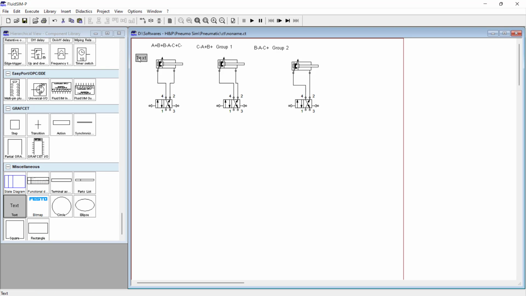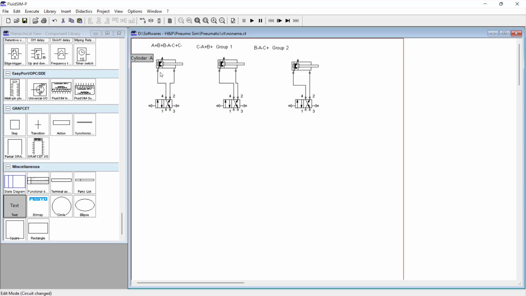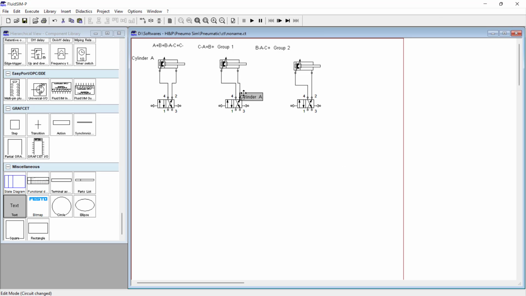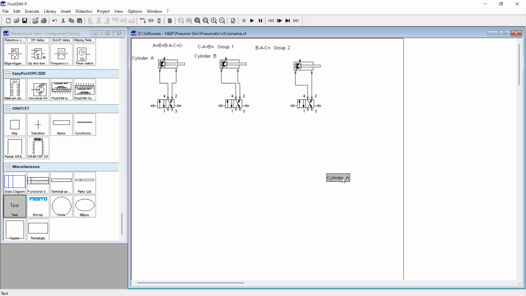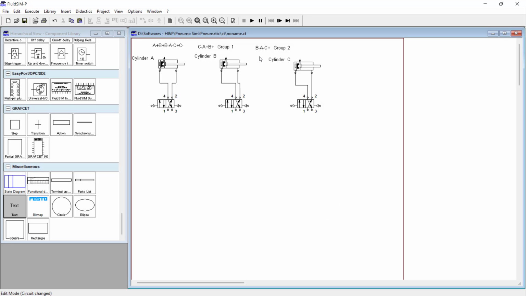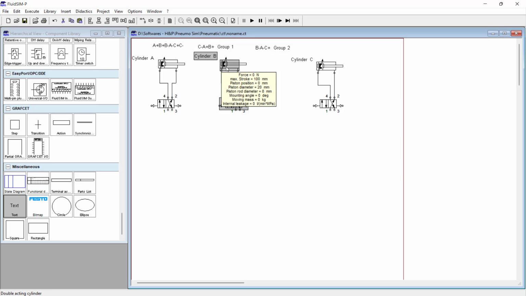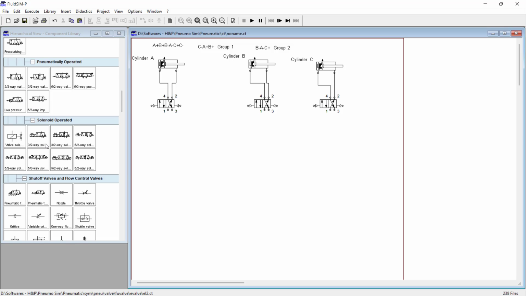This will be cylinder A. This will be cylinder B. This will be cylinder C. So we require 6 limit switches.